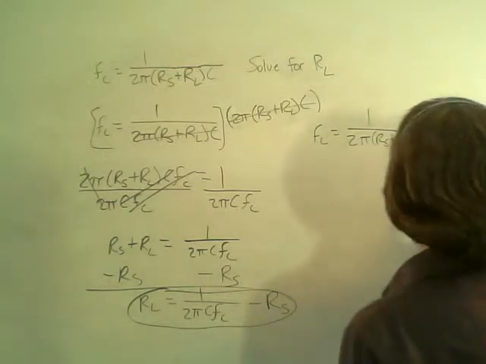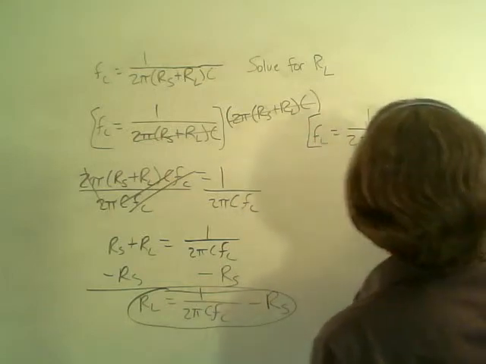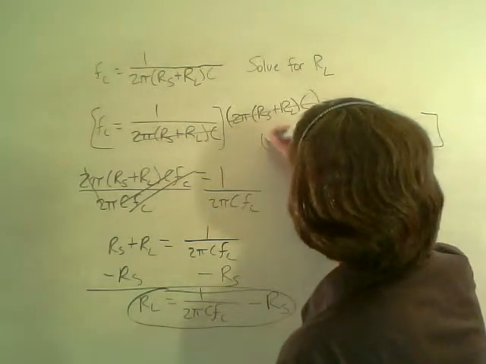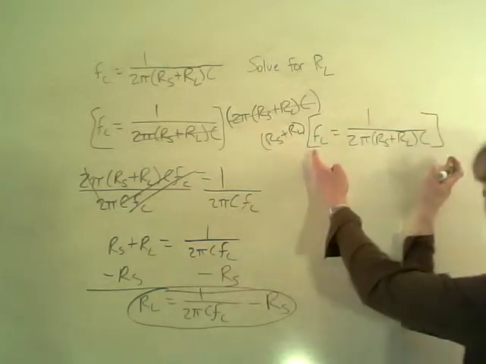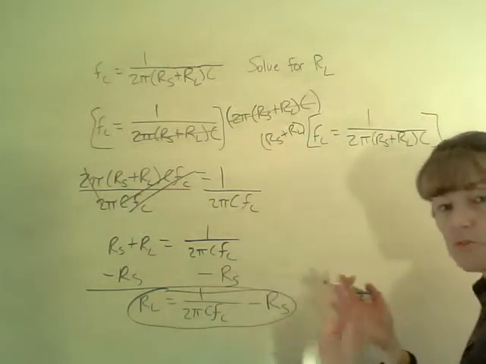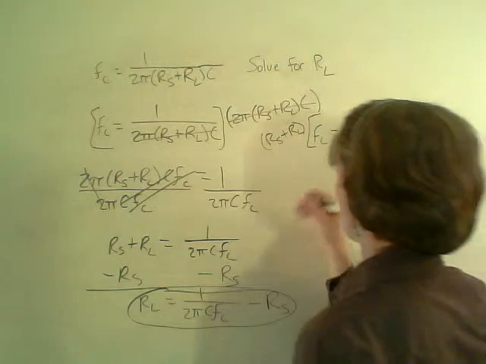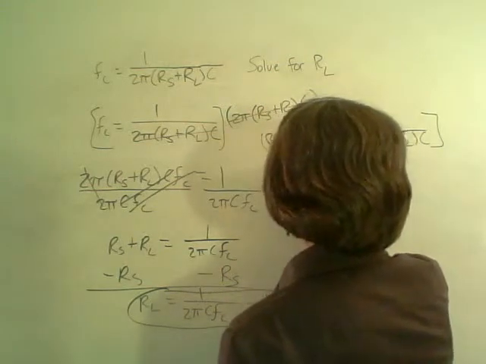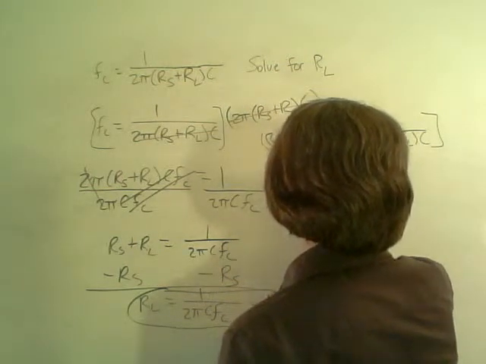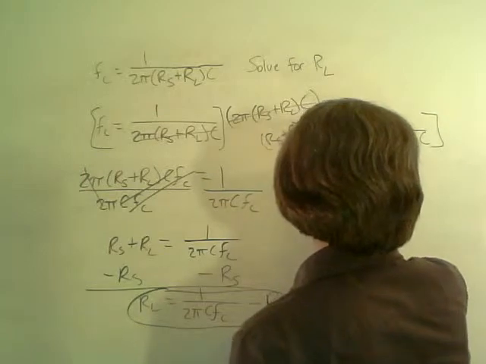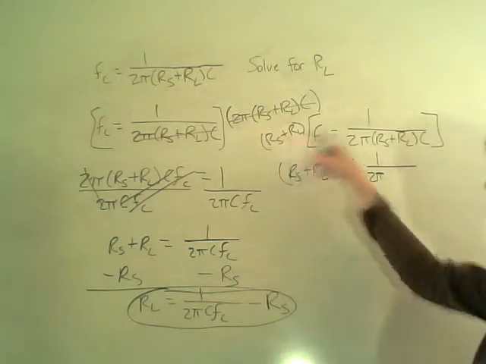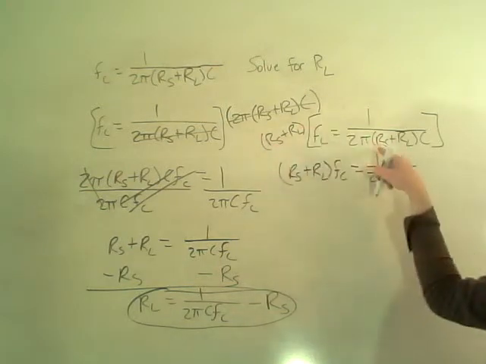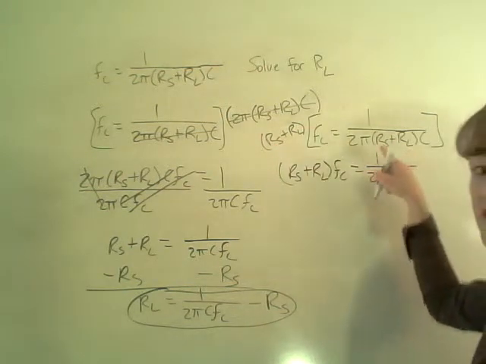So I'm going to multiply both sides of my equation by RS plus RL. Now I'm putting the entire equation in parentheses to show that I'm multiplying both sides by RS plus RL. Well, when I do that, I have RS plus RL times FC equals 1 over 2 pi C, because on the right-hand side, the RS plus RL cancel.